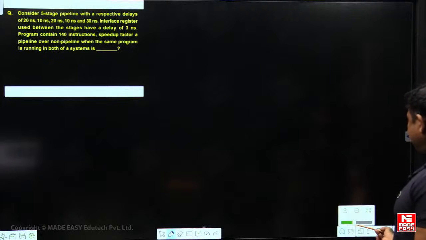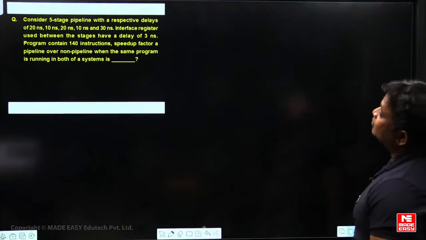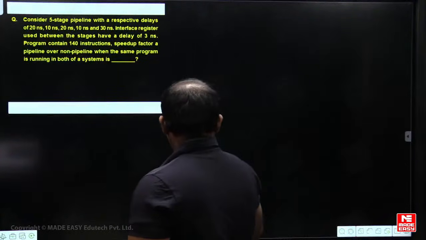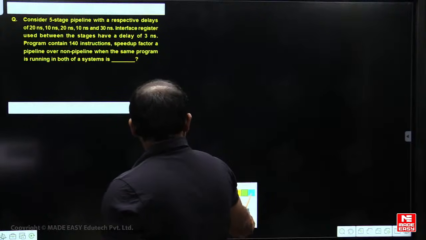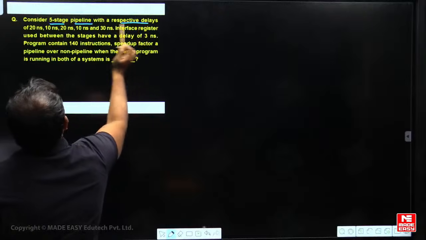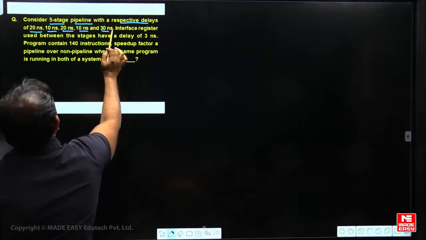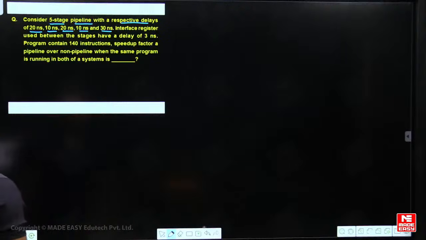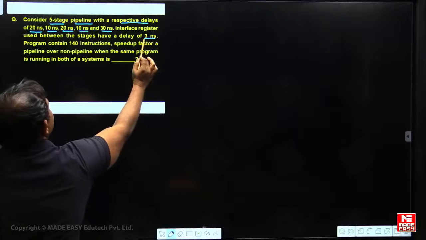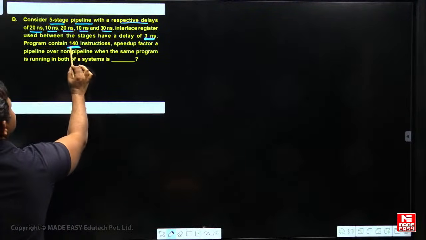Then see this question. Consider a 5-stage pipe with respective delays of 20 nano, 10 nano. Interface registers used between the stages have a delay of 3 nano. The program contains 140 instructions.